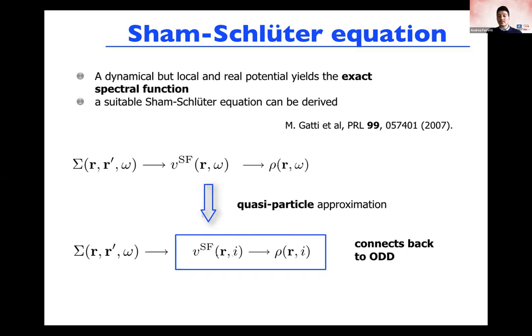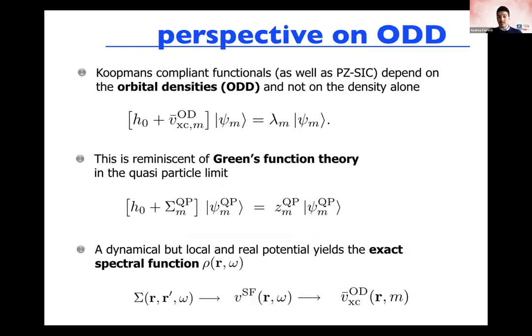a set of discrete local potentials, so local potentials that are orbital dependent. Then if we put this together, you see where I'm heading to. So somehow we have local orbital dependent potentials in ODD.